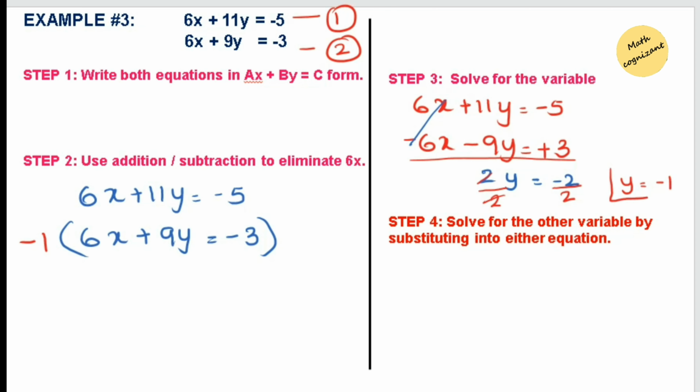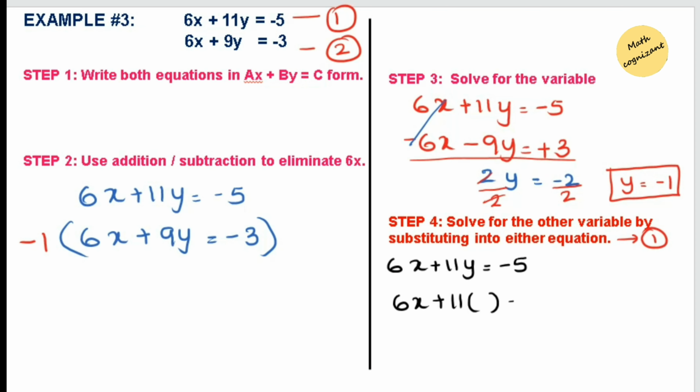Now substitute the value of y equals negative 1 in equation 1. So let's write down the equation. 6x plus 11y equals negative 5. 6x plus 11, in place of y we'll write negative 1, equals negative 5.